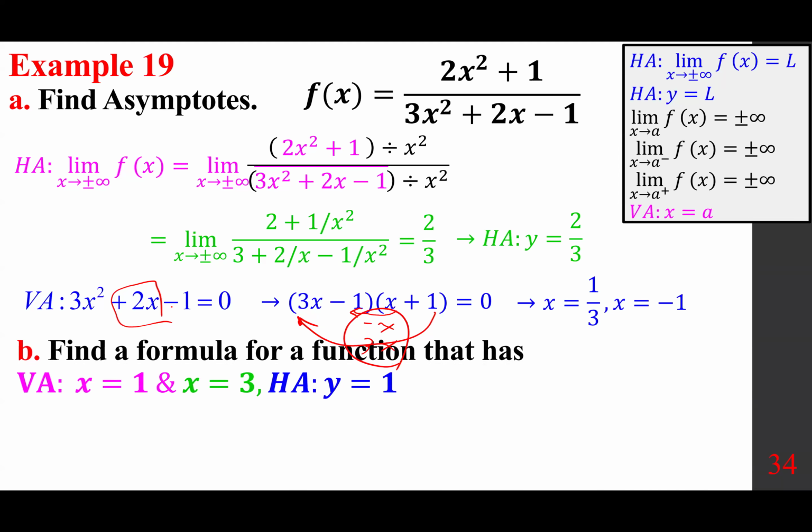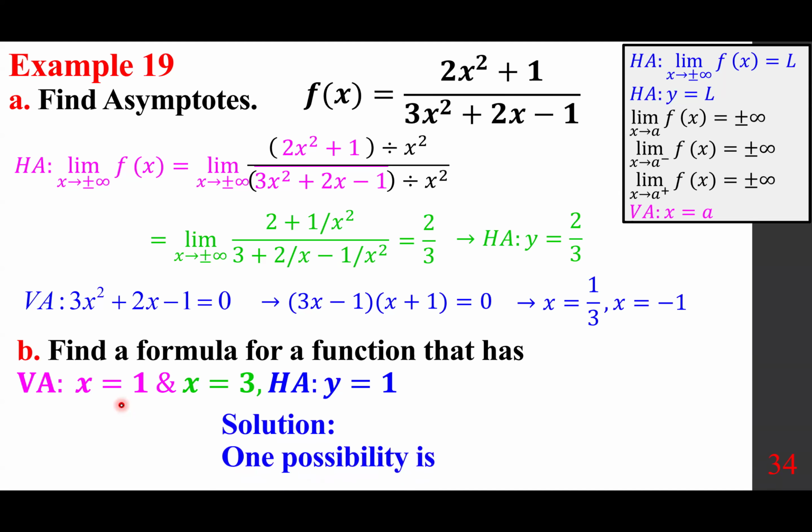Find a formula for a function that has vertical asymptotes x equals 1, x equals 3, and horizontal asymptote y equals 1. Let me erase my work. So let's start by setting up a function, a fraction bar, and starting with this one, x minus 1 in the denominator.